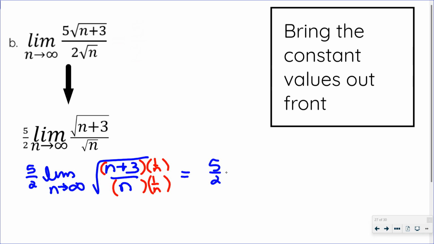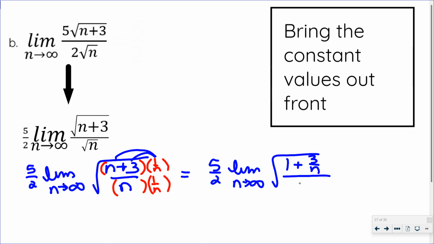So this is really 5/2 the limit as n approaches infinity of the square root of, now let's distribute this inside. So n times 1 over n plus 3 over n, all over, multiplying those together, the n's cancel and I'm just left with 1. So what I really have is 5/2 the limit as n approaches infinity of the square root of 1 plus 3 over n.